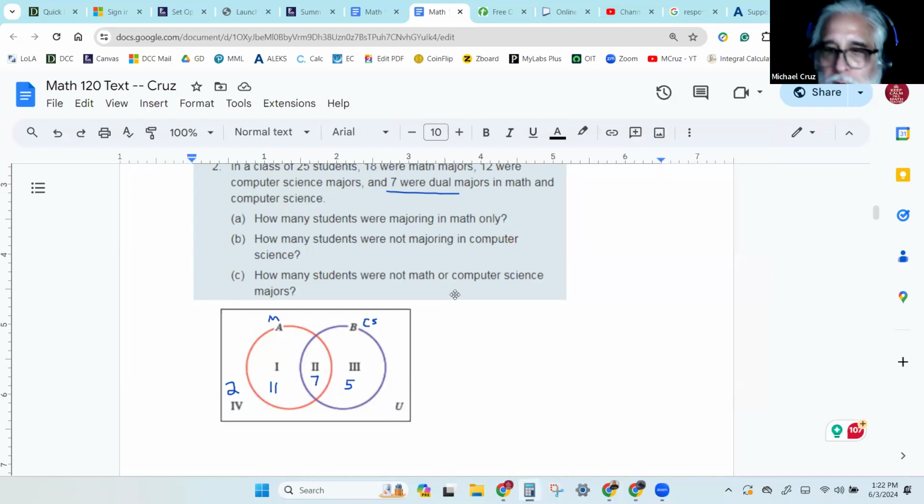So now, once we've got all 4 regions filled in, we can now answer questions. How many students were majoring in math only? So math only is the M section, and it's the Roman numeral 1, so it's 11.